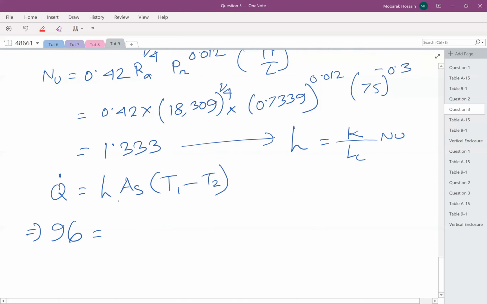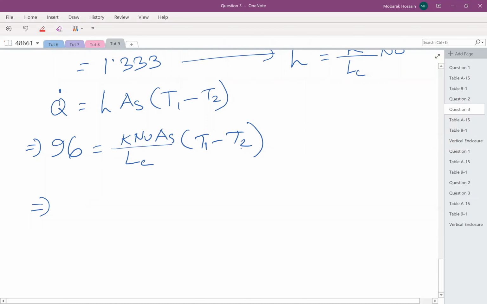So if we use this formula here: k, Nusselt number, length, then area, then temperature difference.